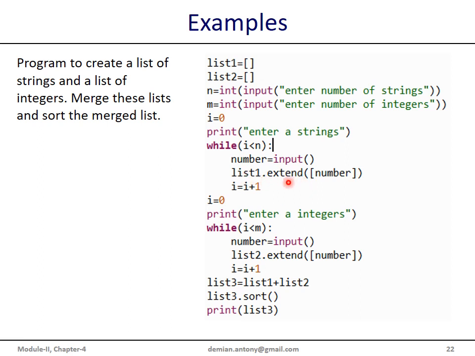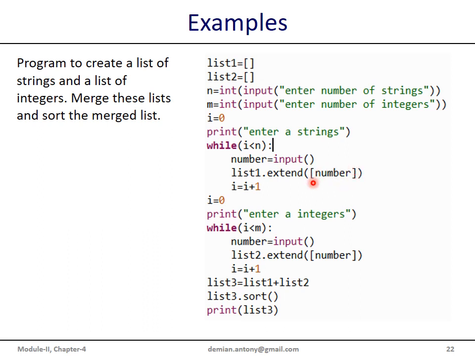This extend function will not take a value as such. It takes a list value as an argument, and it combines that list value with the implicit list. So list1 dot extend this number, and I'm using the square brackets to indicate that this is a list.